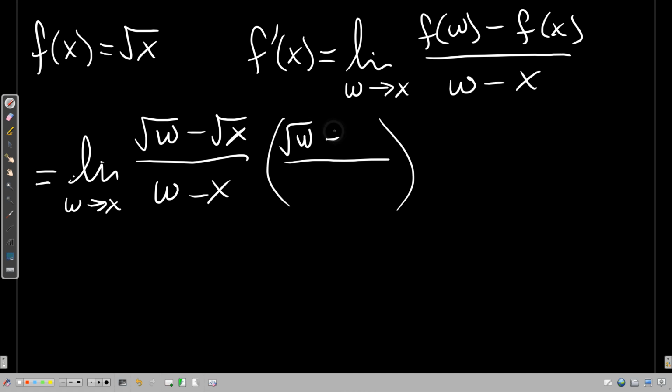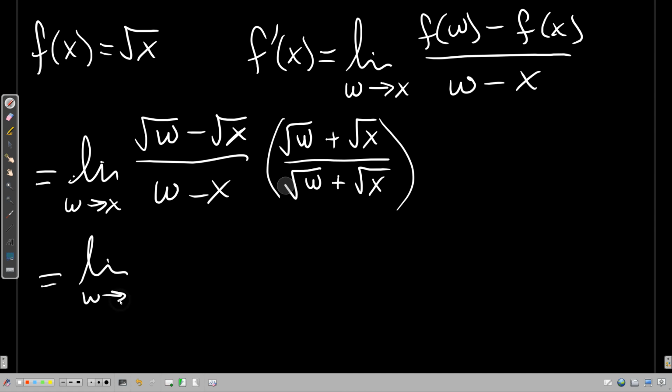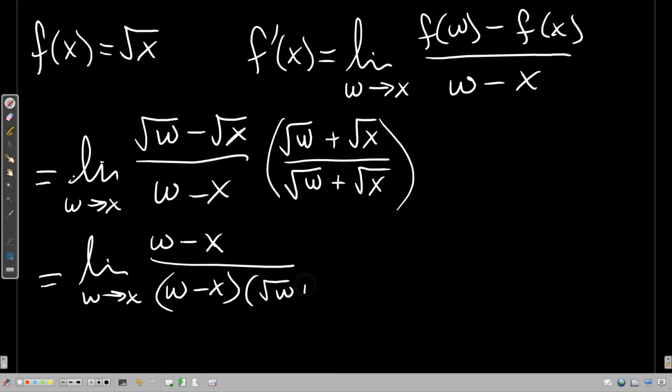Well, let me just take advantage of the difference of two squares property and multiply by 1 in the form of the conjugate of the numerator over itself. Because then that numerator would just become w minus x. And my denominator would be w minus x times square root of w plus square root of x.